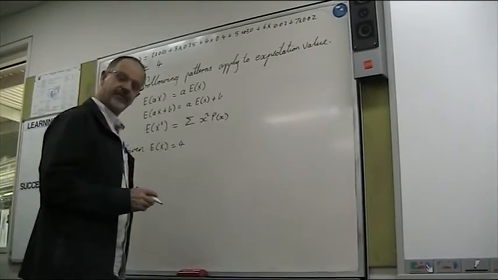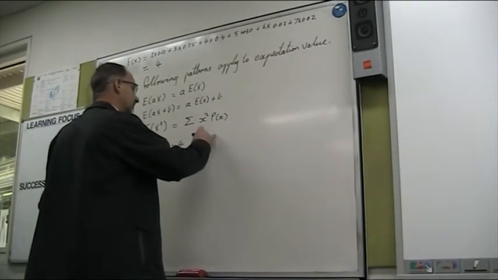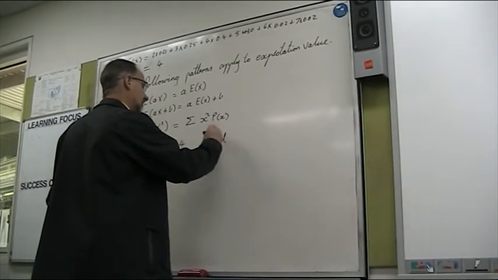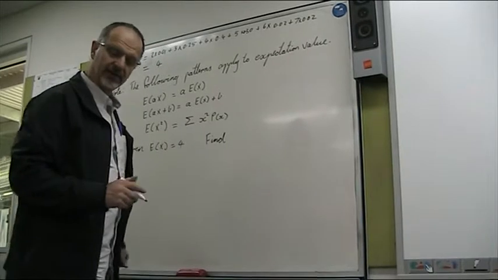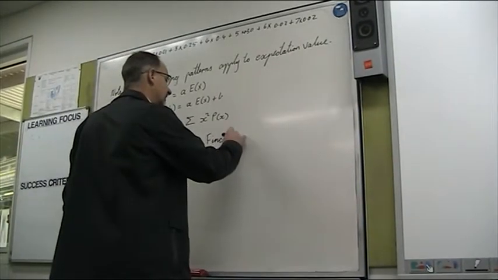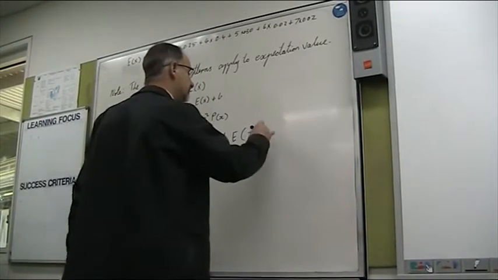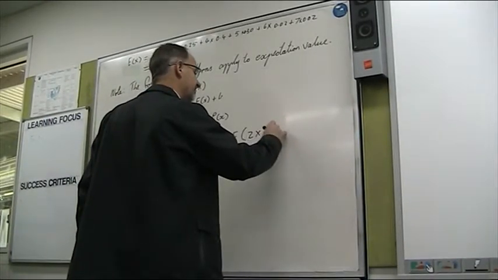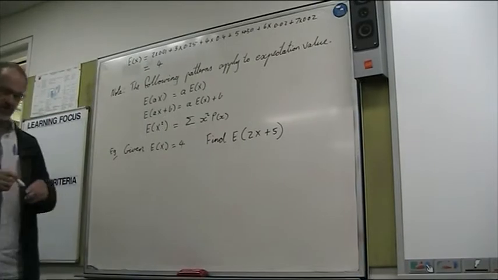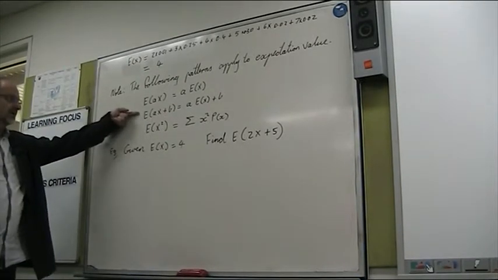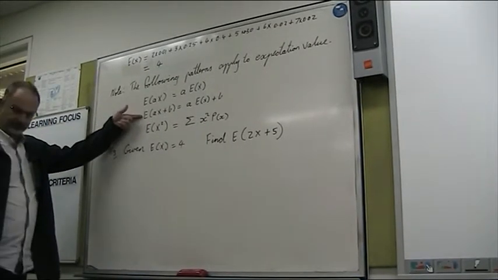Alright, so if you're given some information, say the expectation of something is 4, and you're asked to find the expectation of 2 times that plus 5, then you would look at this situation here.